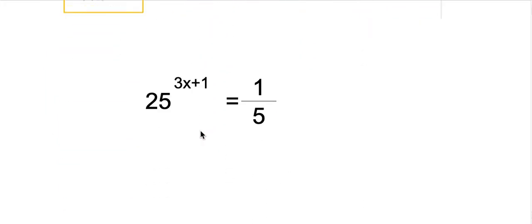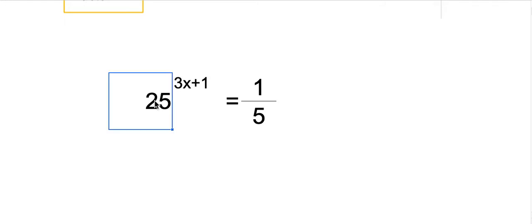So why are we going to study this idea of what's called common bases? Well, you're eventually going to be solving equations like this, and you might notice something. Think about 25 and 5. Is there a common base that they can be represented with? In other words, is there a way to represent 25 and 5 with the same base?